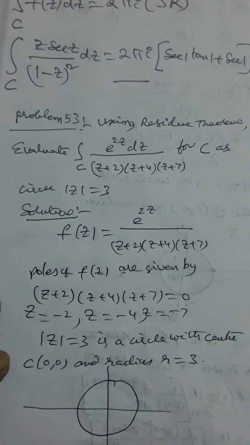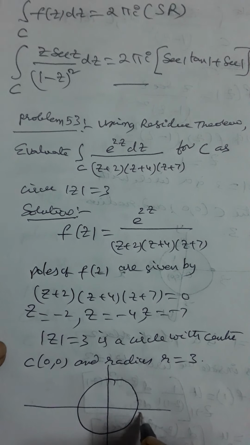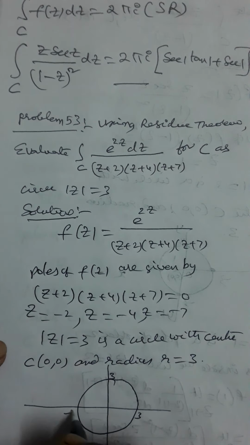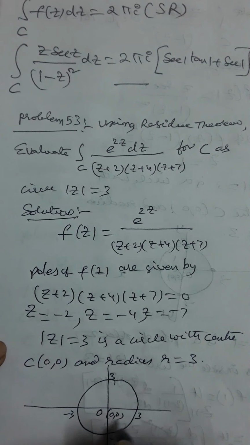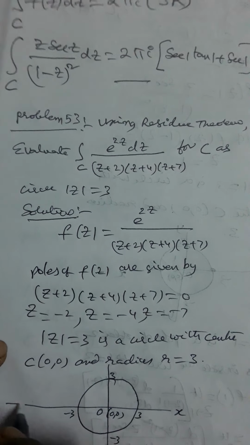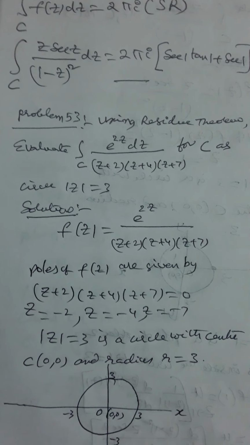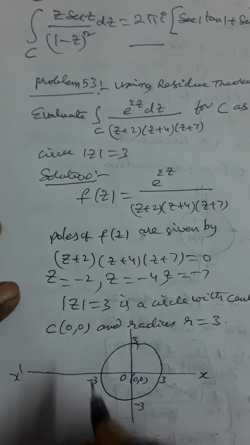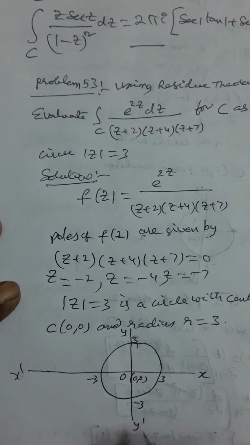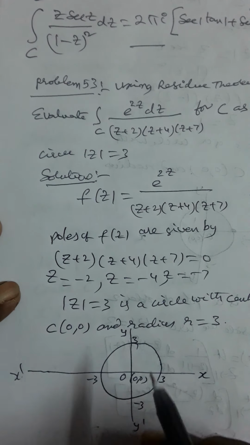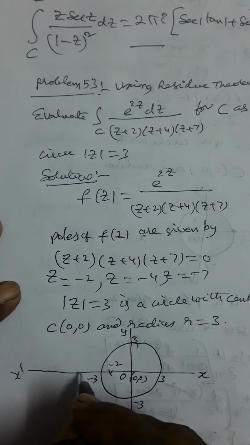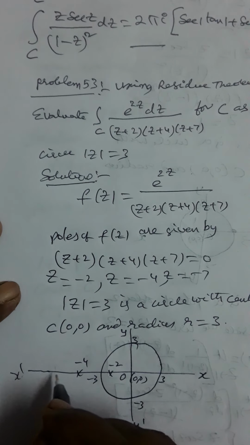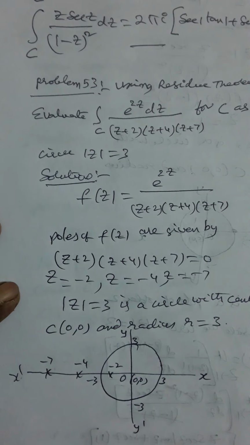Diagram: 3, 3, minus 3, minus 3, center (0, 0), x, x dash, y, y dash. Minus 2 lies inside the circle, minus 4 lies outside the circle, minus 7 lies outside the circle.